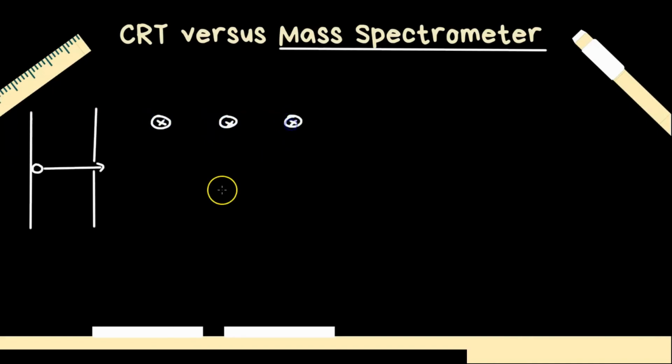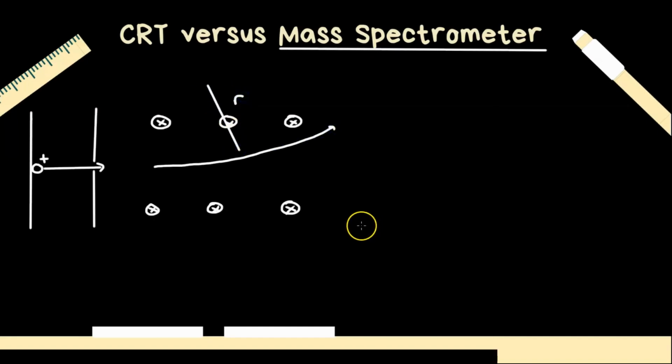That's it. We don't have an electric field and a magnetic field like the cathode ray tube has. We only have a magnetic field, which would cause the path of whatever our charged particle is to bend. Now, in this case, if we have a positive proton going through this magnetic field, which is into our screen, the path is going to curve upwards, like so, at some radius of curvature r.